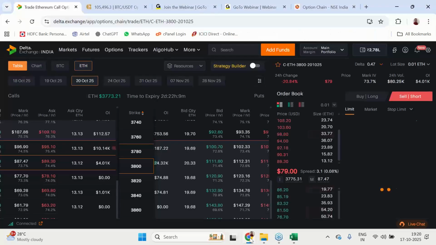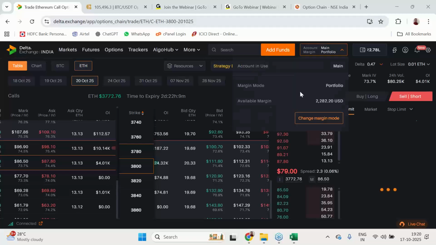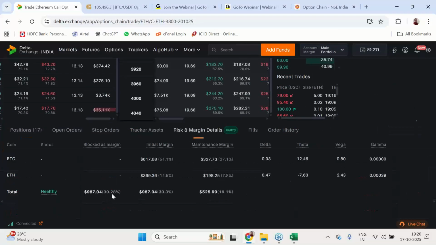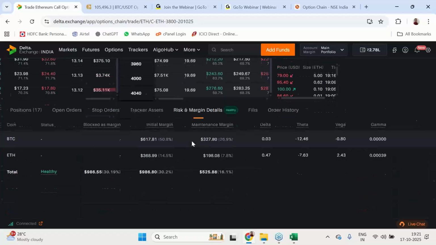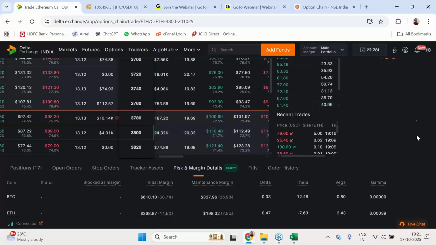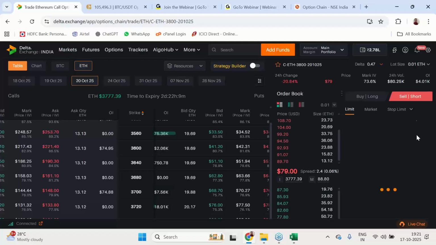So for that, what I used to tell is, always keep your position limit in contract. For risk management, maximum 20, 30, 40% you can utilize, not beyond that. So this is what risk management is. Your position should not cross more than 40% of your risk, so that your positions will always be safe. That is very important.